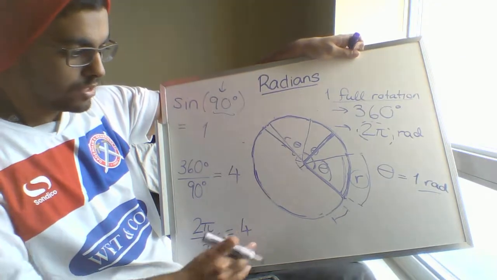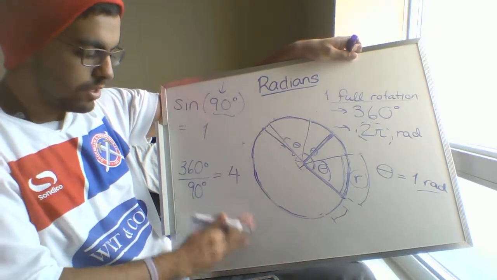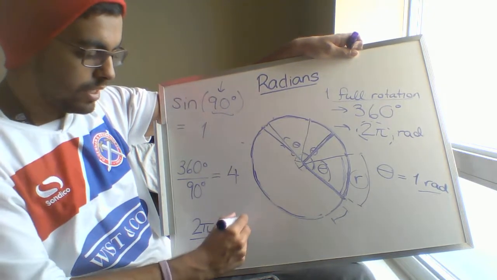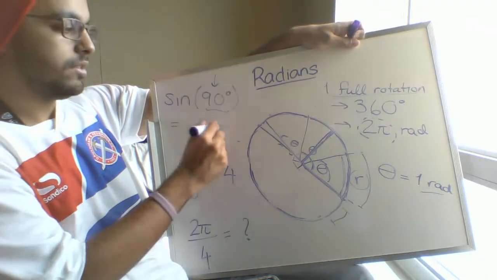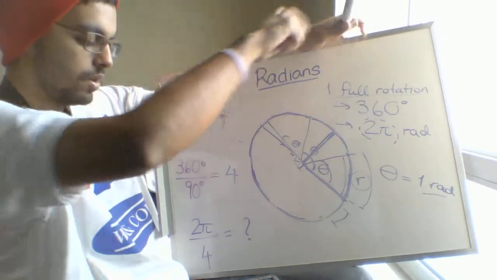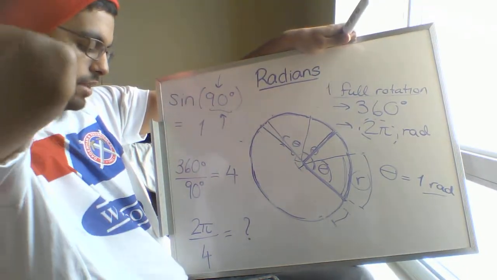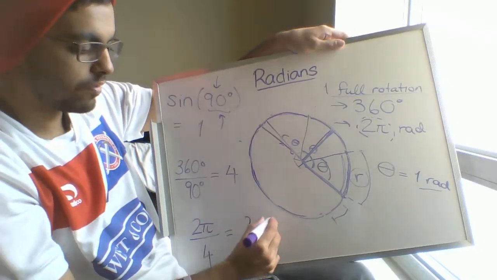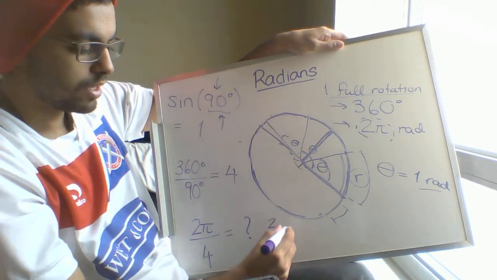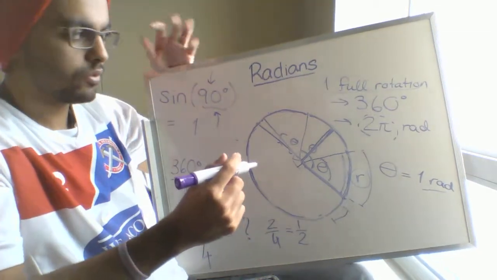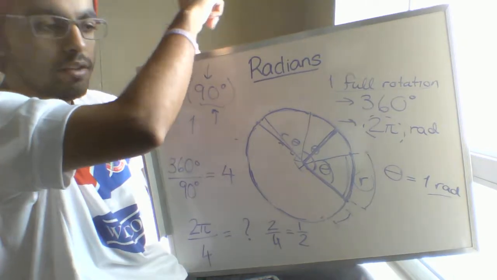If we rearrange this, we can write 2 pi divided by 4 as our magical answer, that we need to plug in there. You can leave the pi by itself. 2 divided by 4 is the same as 1/2. If you eat 2 out of 4 pieces of pie, you've eaten half the pie.